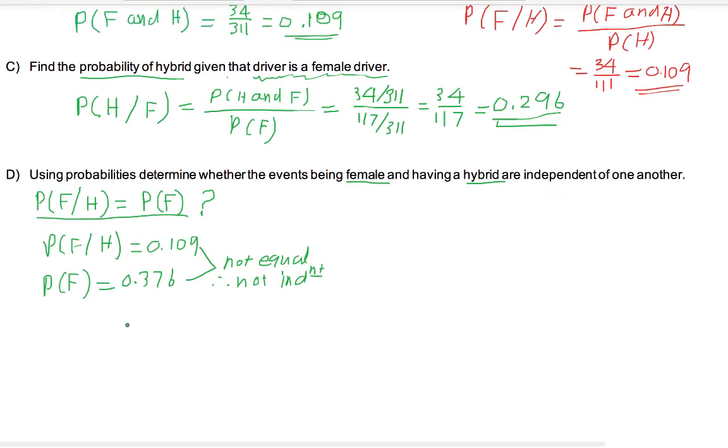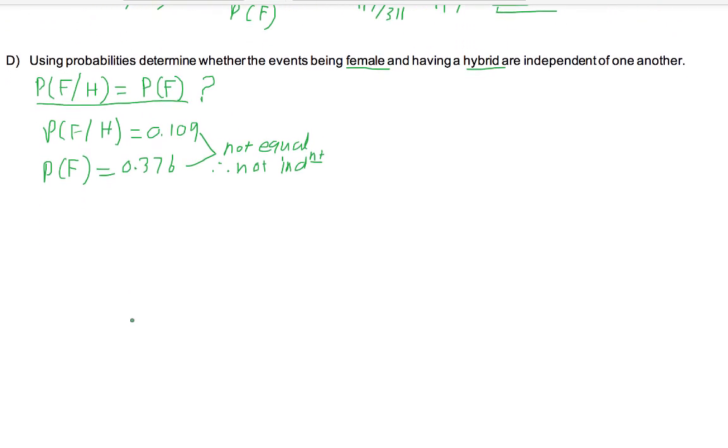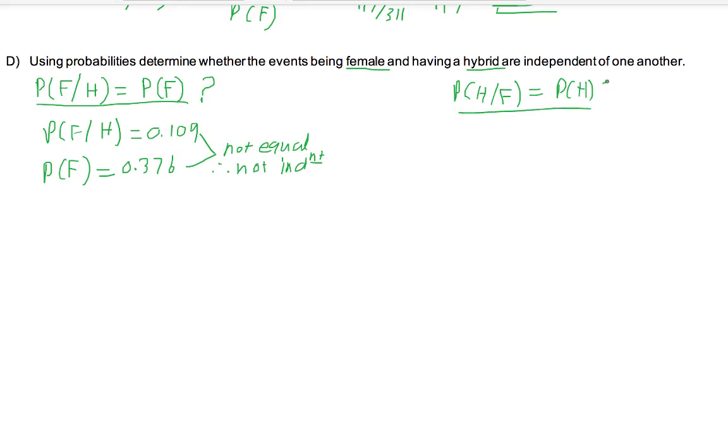So then next one. Same thing you can use here. Let me explain. Probability of hybrid given F must be equal to probability of hybrid if these two are independent. Okay, so we have to check this. We don't know yet. Actually, you don't have to use both methods, but it should be this or this.